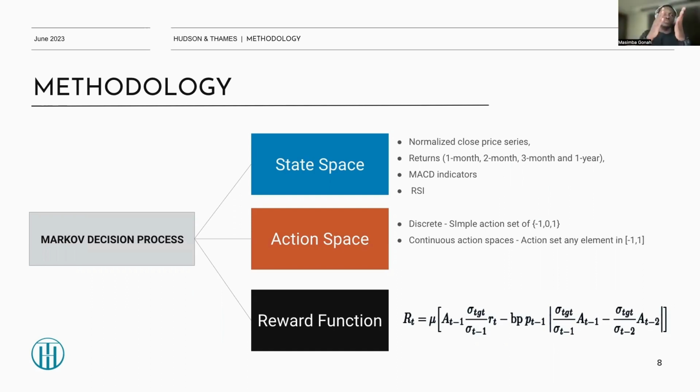So when I see information in the environment, or when I look at the information in the environment as an agent, what do I do? Your action is, if it's discrete, either go short fully, -1, do nothing, 0, or 1, go long fully. There's nothing in between. And what's different from discrete to continuous is that it's governed by values between -1 and 1, and the model can determine the best cocktail, per se, of cumulative reward.